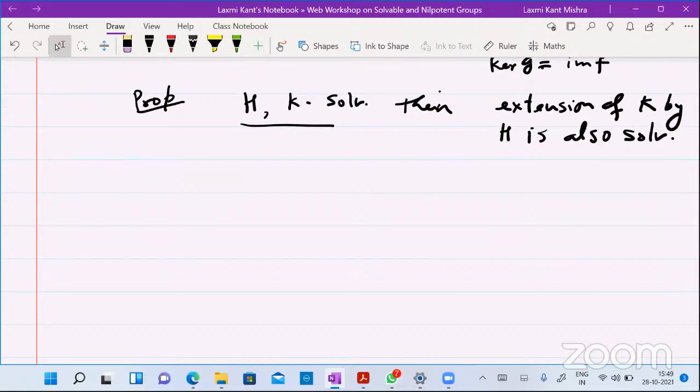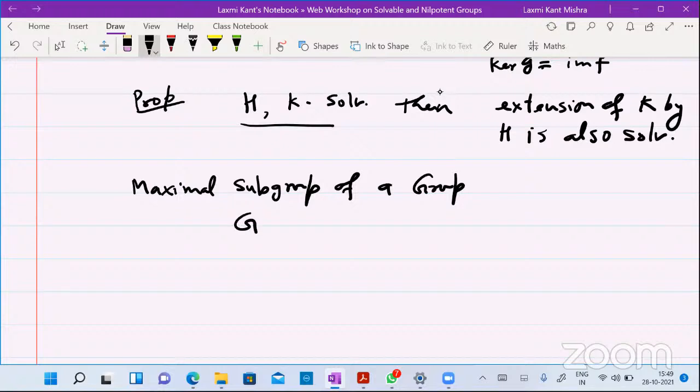Okay, so just one thing, observe that now what is a maximal subgroup of a group G?